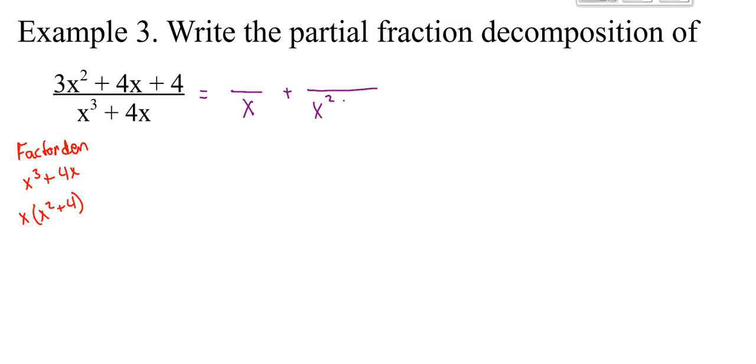Remember on the denominator here, that's x to the 1, so we need a constant here, just a number. But this is x squared, so we want one power lower: something times x to the first, and then we could still have a number there as well.